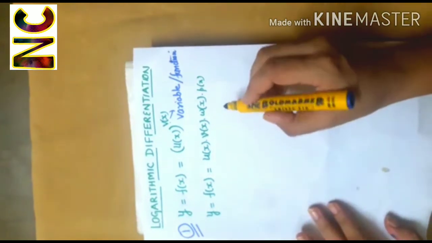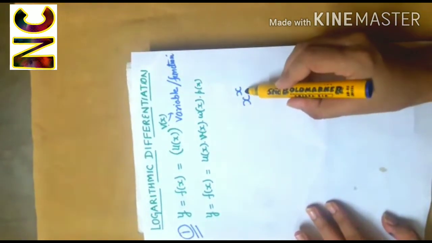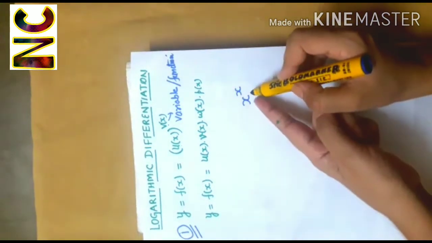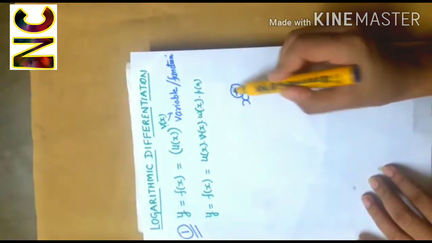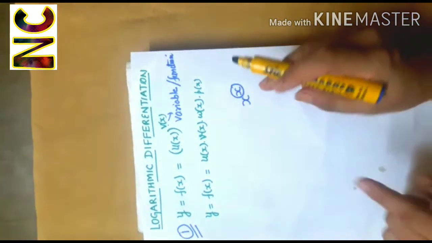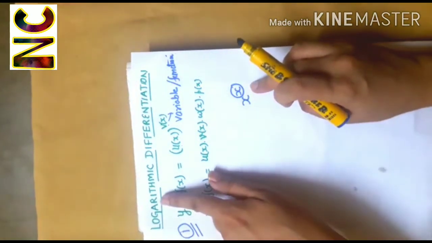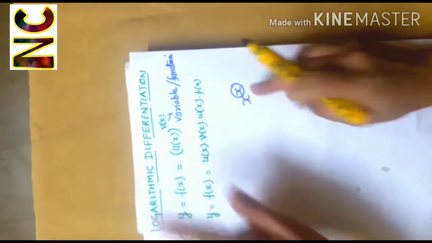For example, if I have to differentiate x raised to the power x, this function is of this form. Here the exponent is a variable. So in order to differentiate this function, I will make use of logarithmic differentiation.